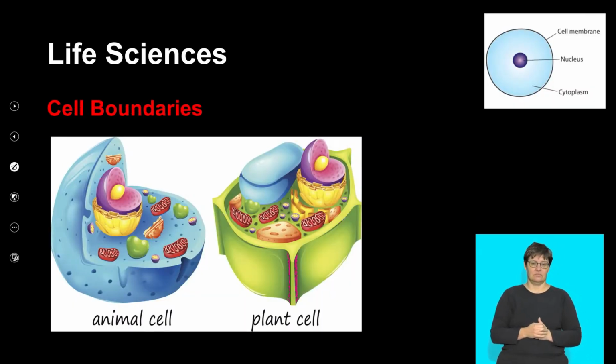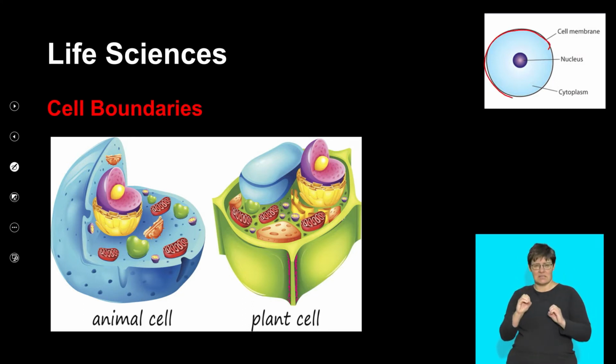Now, when we looked at this concept again of a cell membrane, cells have got these boundaries. What is a boundary? It means the outside. The reason why I've given a picture of a plant and animal cell here is because plant and animal cells will have different boundaries.